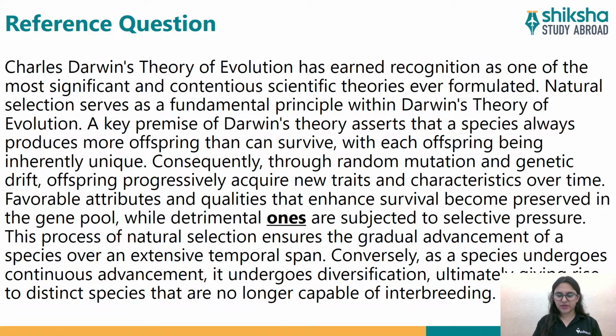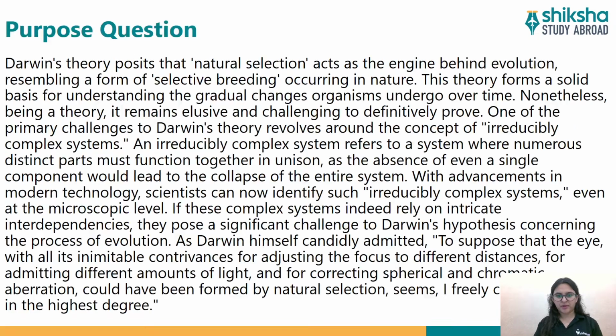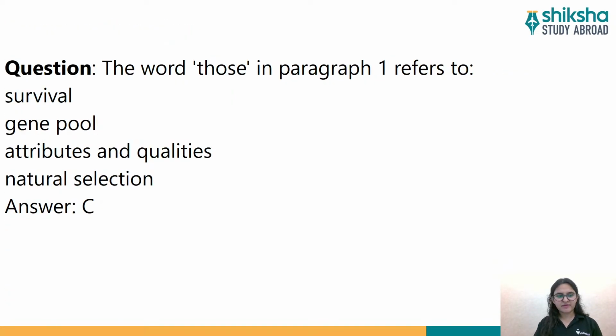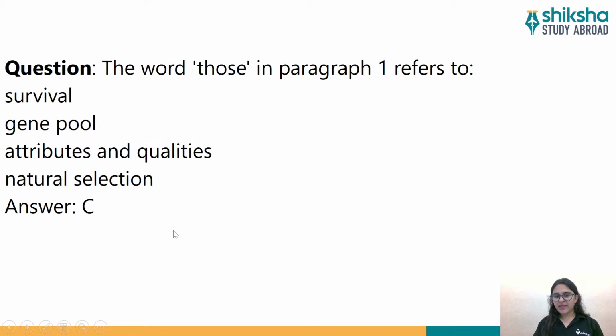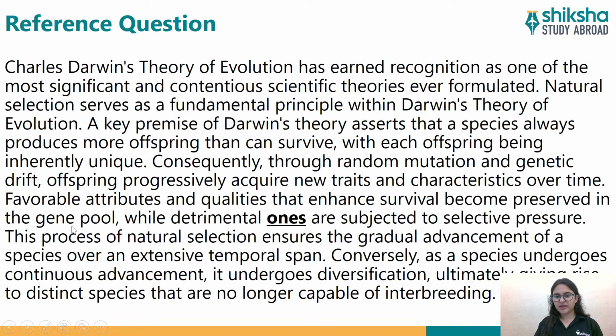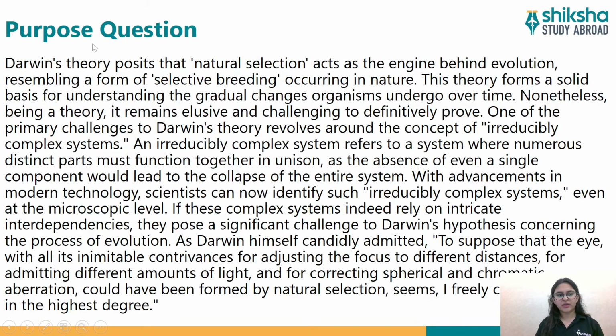Please read both the before and after part to understand it better. Okay, so the answer is C, attributes and qualities. Later on, when you rewatch the videos, you can read this paragraph, find the word those, and then relate it in the passage to what was being talked about. Okay, now I'm coming to the purpose question.